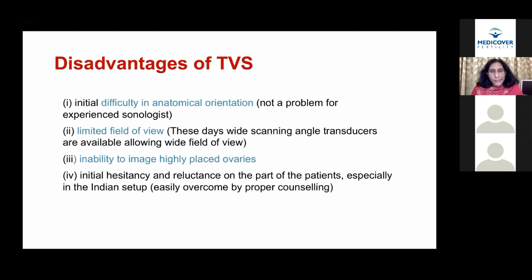There are some problems as well, because when a sonographer initially starts, they have to get used to the orientation. It's not a big problem. Once you take a few lessons, you get used to that anatomical orientation.